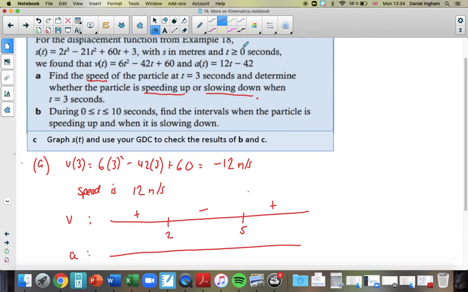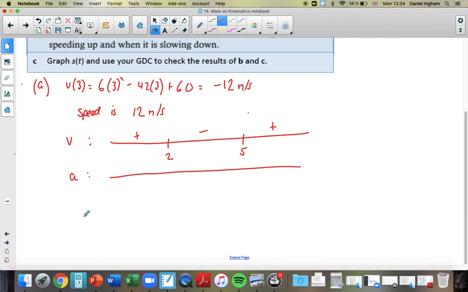So the acceleration is 12t minus 42, from differentiating. Let's find out when it changes direction. 12t is equal to 42, so t is equal to 42 divided by 12, which is 3.5. So there's your key point on the acceleration, 3.5.